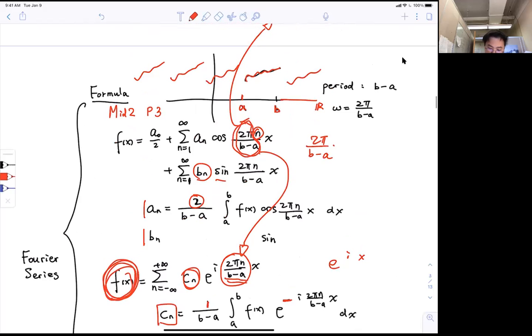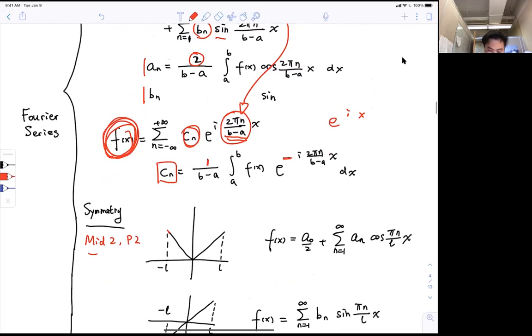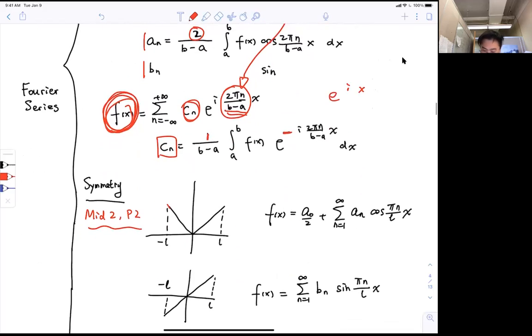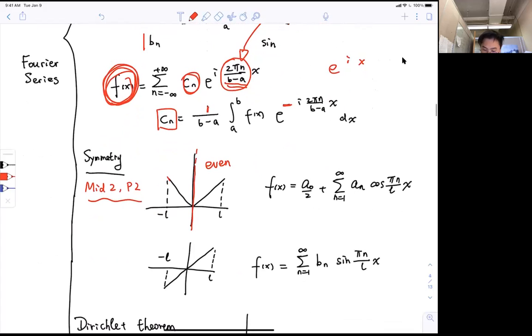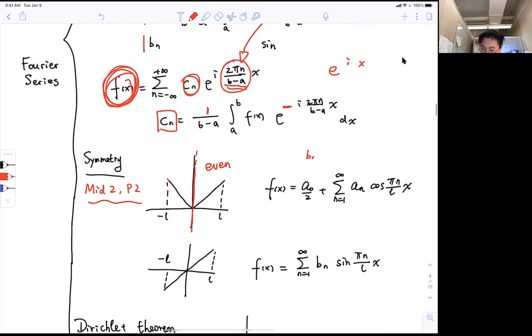So the next thing is the symmetry. By the way, it's tested in the midterm, right? If the function is an even function, symmetric around the y-axis, then only cosine terms survive, and b_n equals 0.